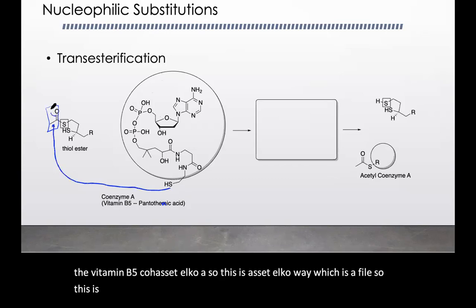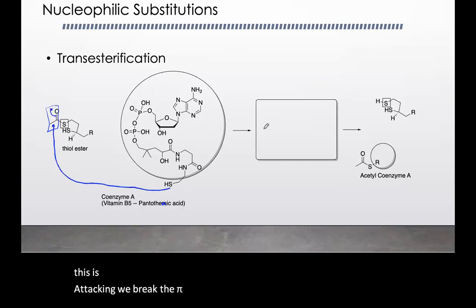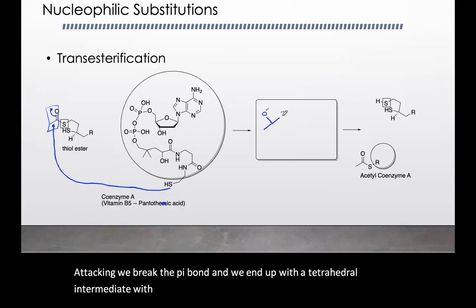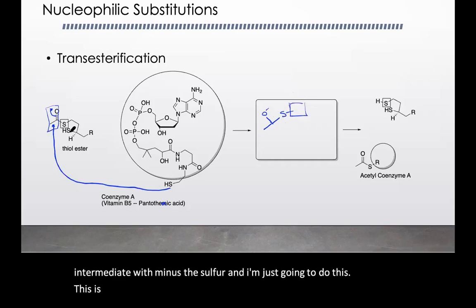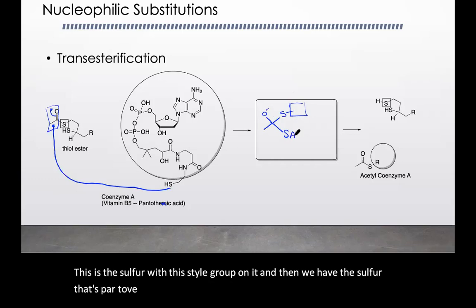attacking, we break the pi bond, and we end up with a tetrahedral intermediate with the O minus, the sulfur, and I'm just going to do this. This is the sulfur with this thiol group on it, and then we have the sulfur that's part of acetyl-CoA.